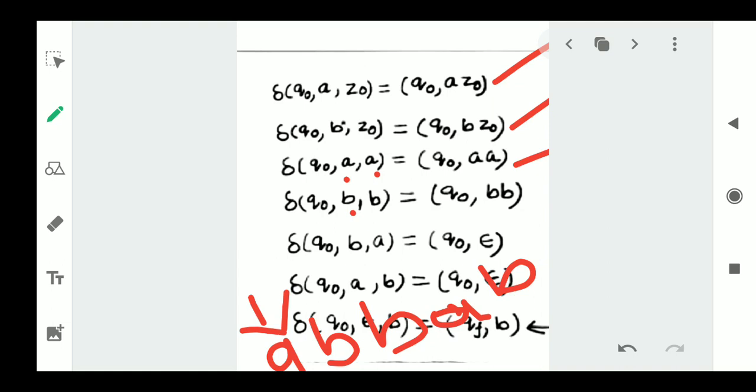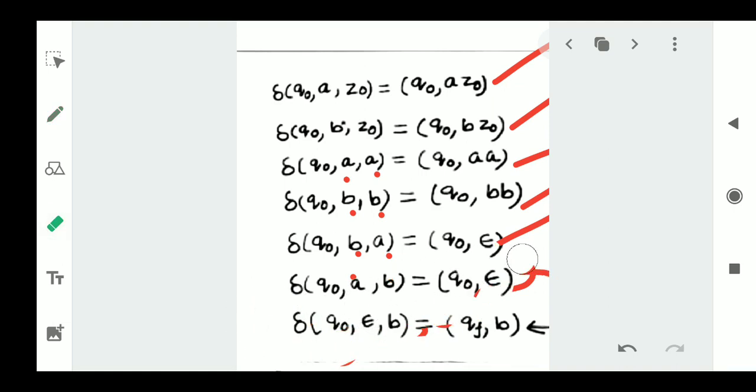If the input symbol is A and the top of the stack is A, push it. If the input symbol is B and the top of the stack is B, push it. If it is a different input symbol, suppose the input symbol is B and the top of the stack is A, pop that A from the stack. If the input symbol is A and the top of the stack is B, pop that B from the stack.